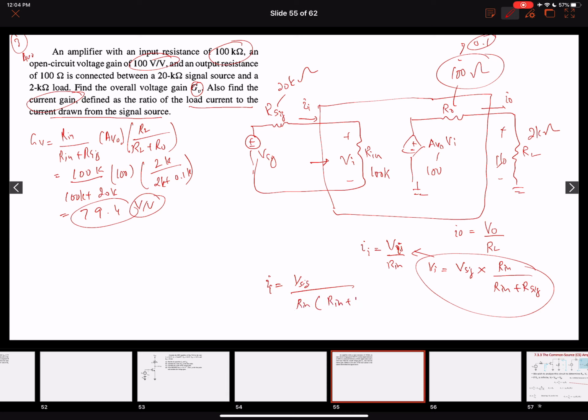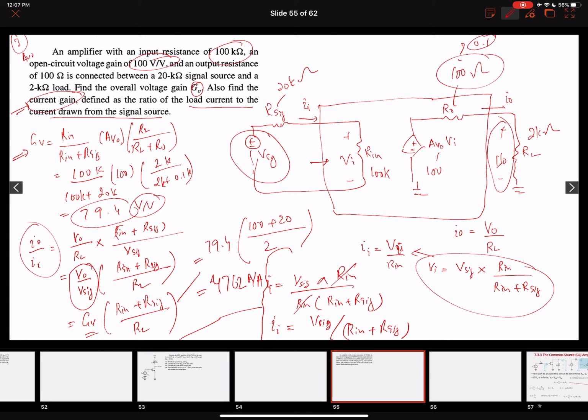The new thing that we did in this example is we found the value of the current gain. The current gain was the output load current to the input current going into the amplifier, right? The output current was very simple, V naught over RL. We found the input current, Vi over Rin, and then we just divided the two, so after dividing these two simple expressions, we can easily calculate the final value here.